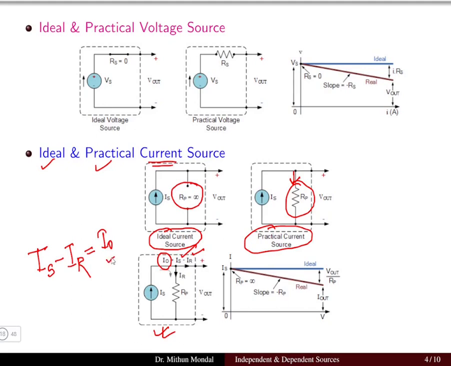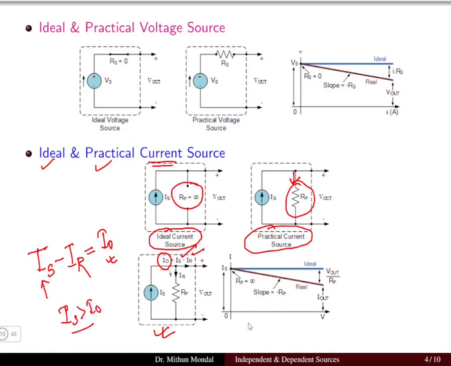So this is the actual value of the current that is available at the terminal, whereas the current the source basically produces is Is. So obviously Is will be more than I0, or I0 will be less than Is.